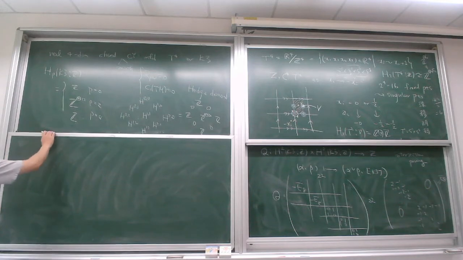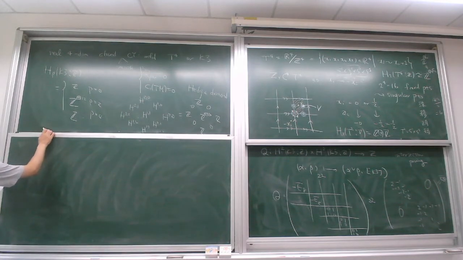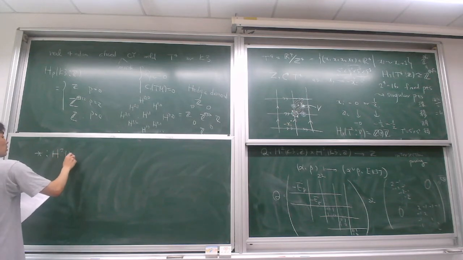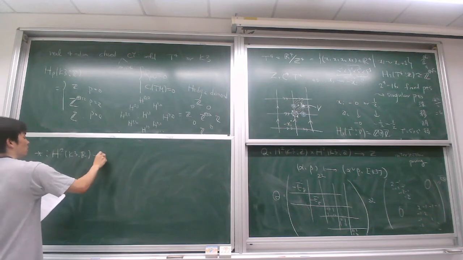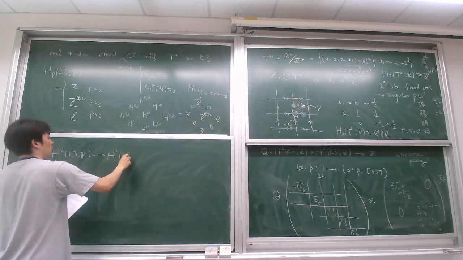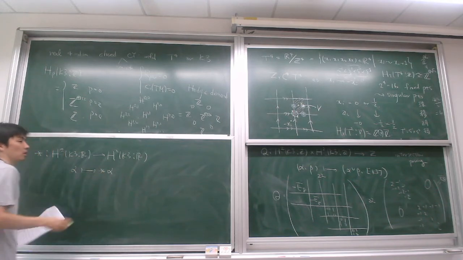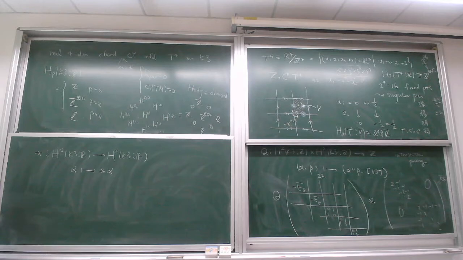so you have a Hodge star, from H2 of K3 over R to H2 of K3 over R. So alpha is mapped to Hodge star alpha. Then we know Hodge star squared is equal to 1.